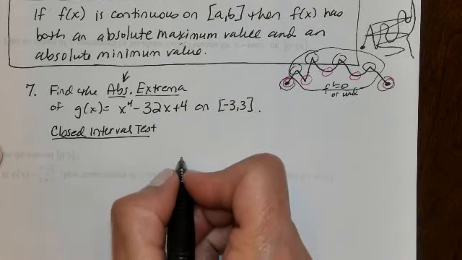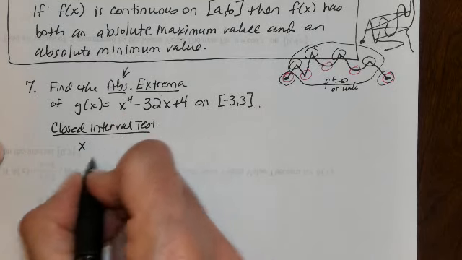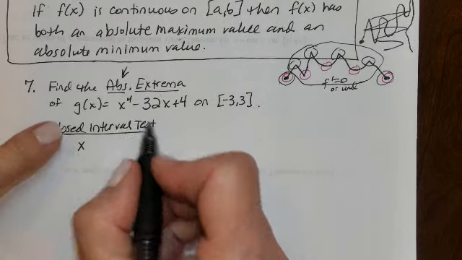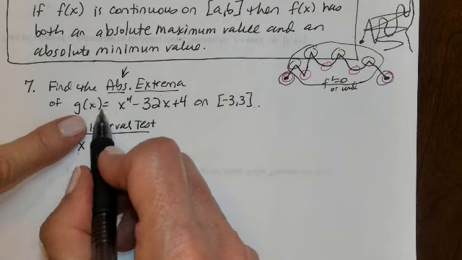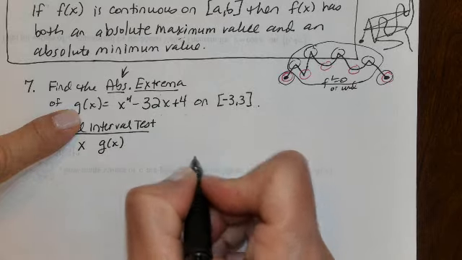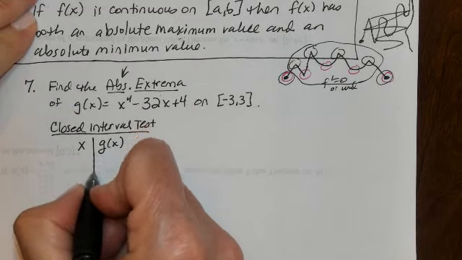On a closed interval test, you're finding x values where important things happen. In this case, we're finding the absolute min and the absolute max of g. So x and g of x go in our table.